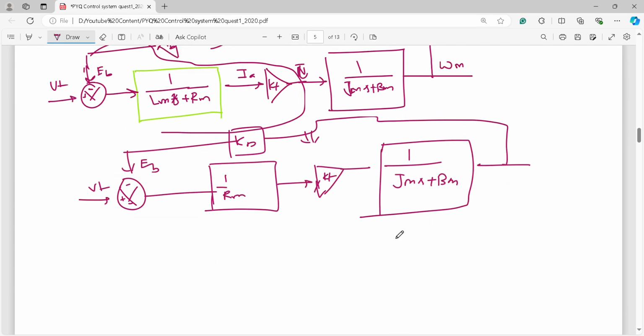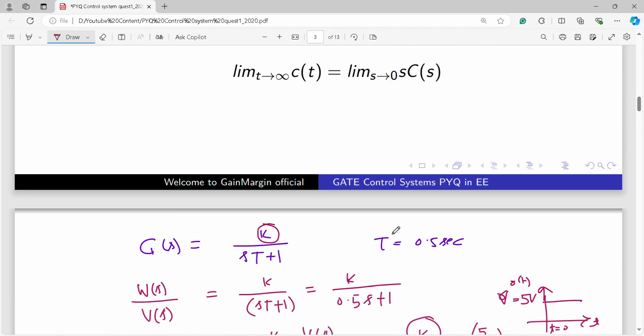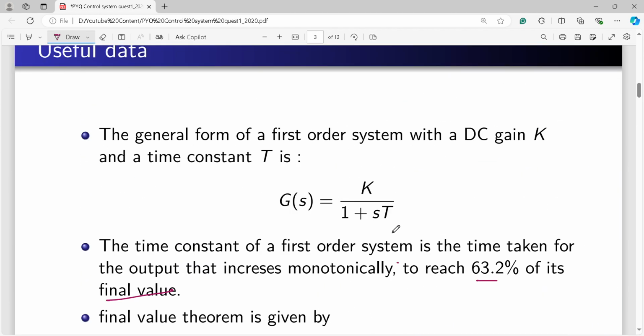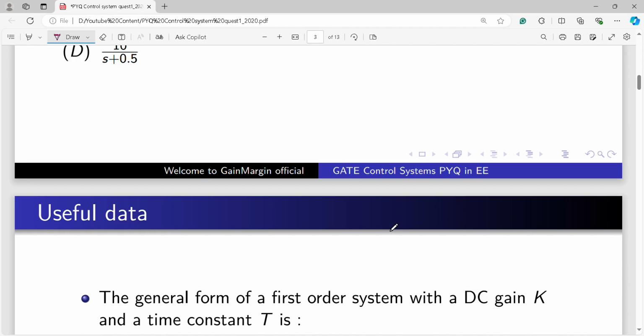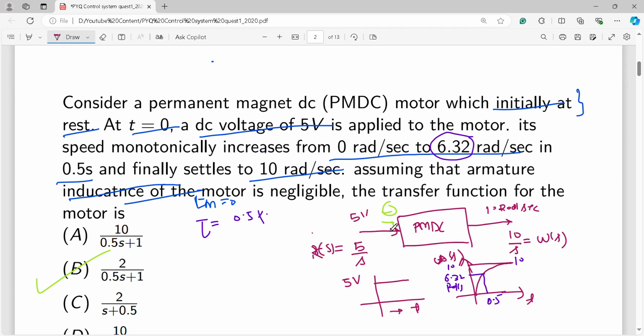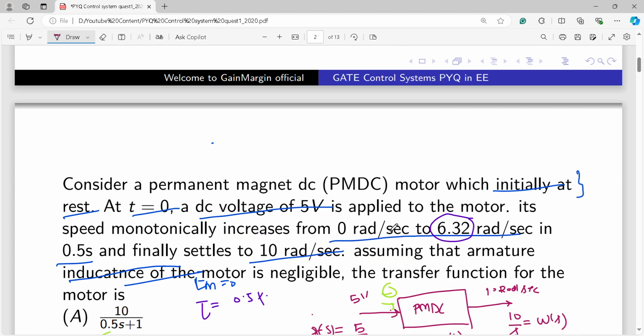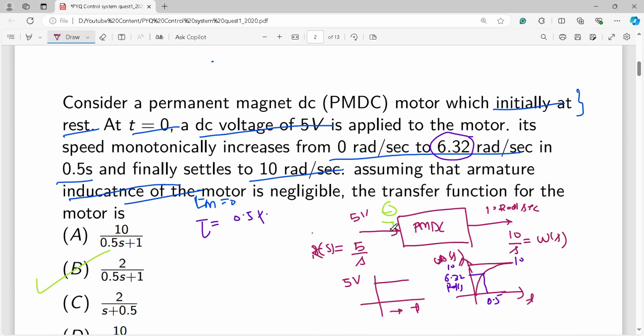So we should know that. The question was very simple. We should know the final value theorem and how to apply it. We should also know the time constant and how to define it. Then easily we can find it.